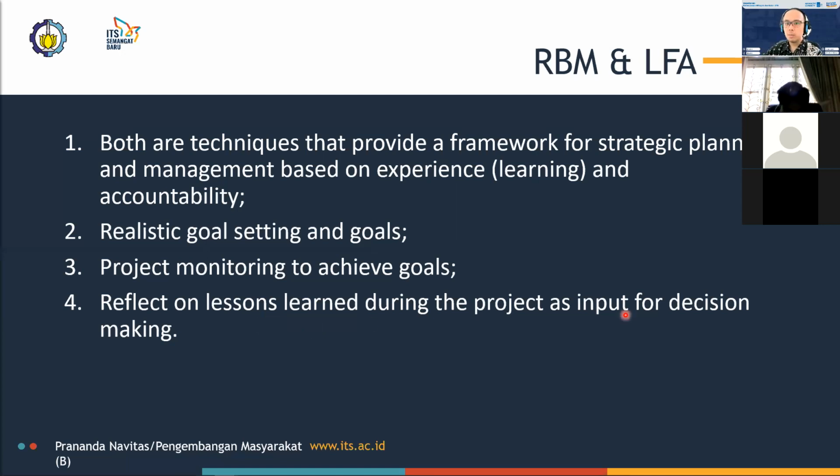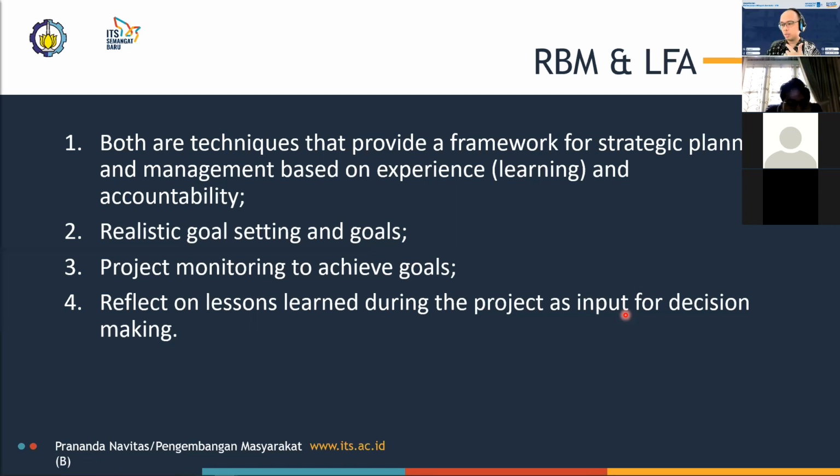Now, the decision making process here is not just the decision making at the end, or the decision making to come up with a solution to a problem, but also the decision making with regards to the objectives and the goal settings and so on. It could be minor decision making.